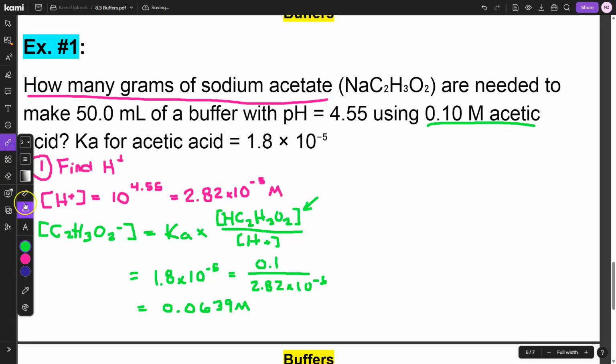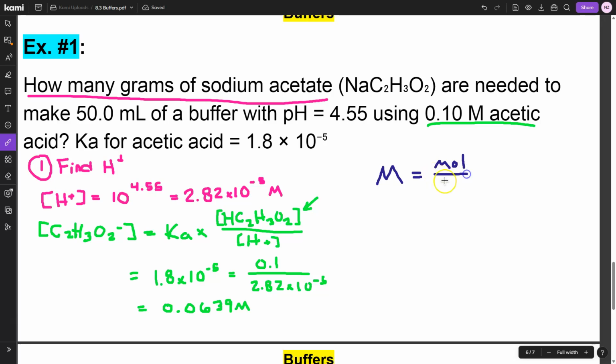Okay, so great, we've got molarity, but that's not what the question's asking for. It's asking for how many grams. So remember, molarity is moles over liters. In order to get grams, we're going to need to find our moles. So I'm going to take my molarity and multiply it by the volume.